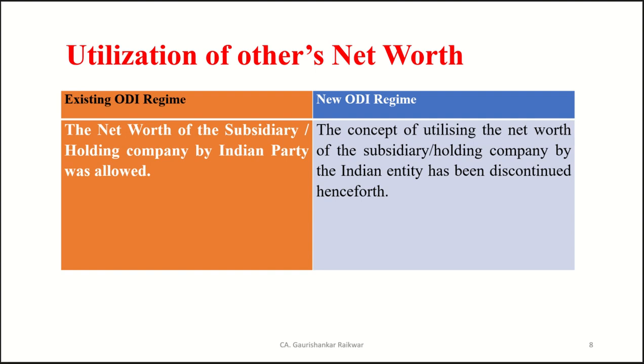But under the new ODI regime, this concept has been discontinued. Even though they are group companies or associates, they are permitted to give a guarantee and can create a charge also, but the concept of borrowing the net worth has been dispensed with.